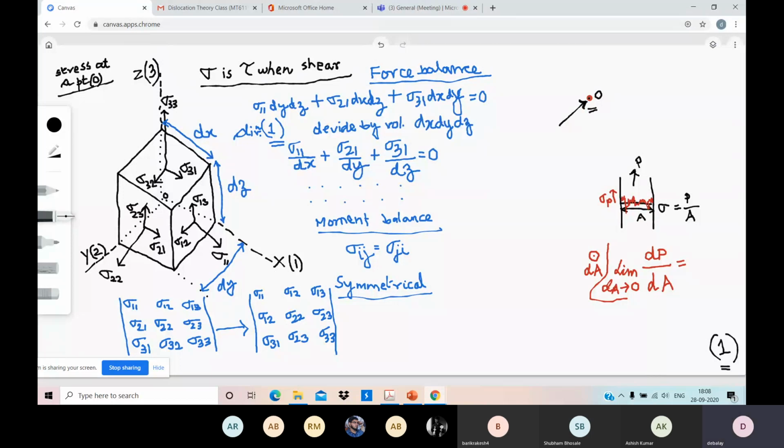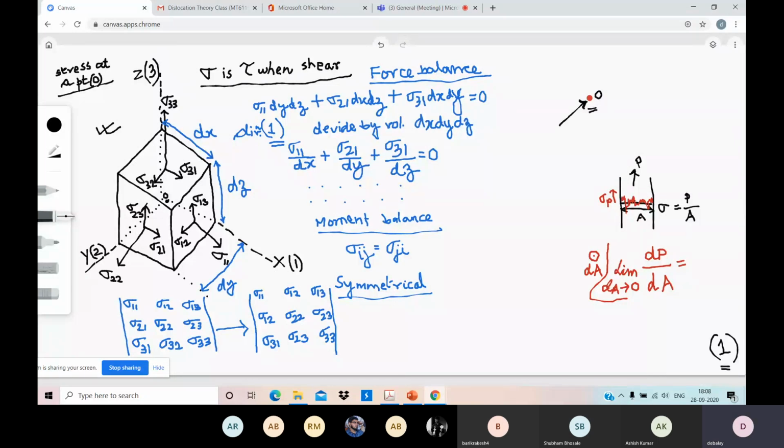That point belongs to a part of a body. So stress at that point inside a body can be represented by this diagram, by the parallelepiped that we are drawing. So having point O at the origin, you draw a parallelepiped around it.